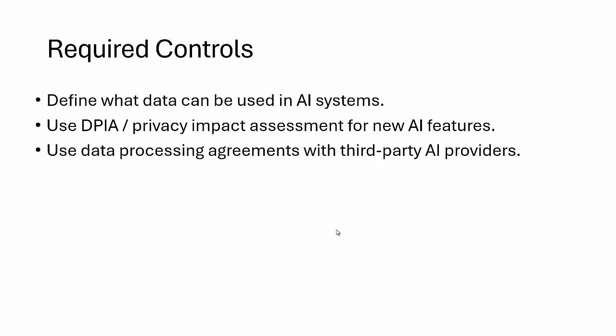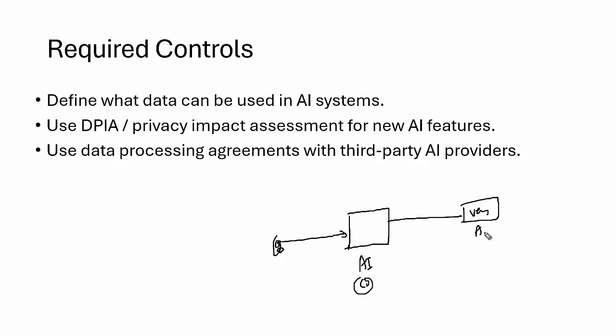So the data processing agreement covers how the data is going to be used by a third party. One thing you need to understand: this is the AI provider, or let's say an AI company, and this is you as a customer. Say you are a bank, and we have one vendor whose AI tool we are using.